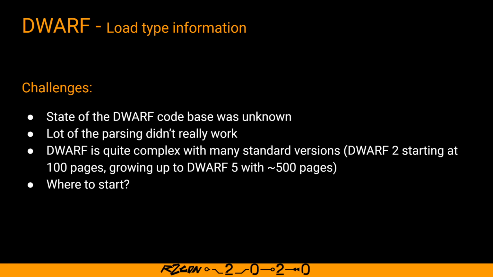The information that I needed to process the type information wasn't parsed out, and it was especially confusing as I didn't know DWARF well, and it took a bit of reading to get into, because DWARF is quite complex and has many standard versions. For example, DWARF 2 has about 100 pages, and the fifth version, DWARF 5, has about 500.